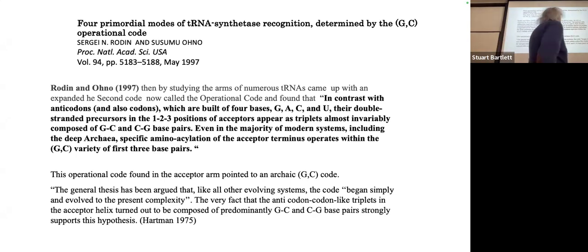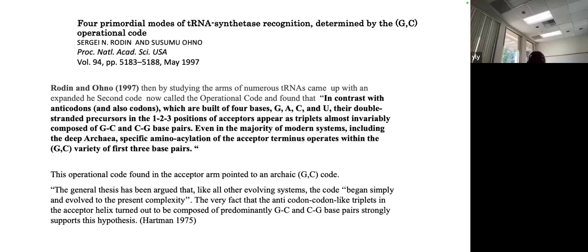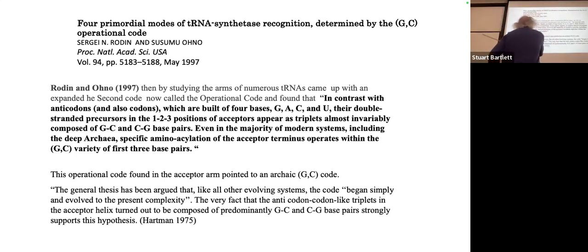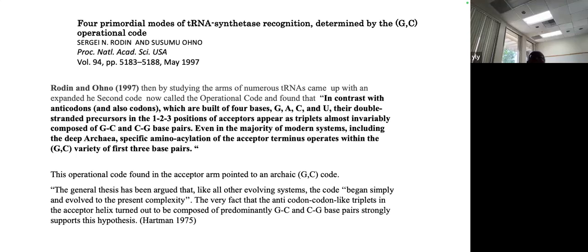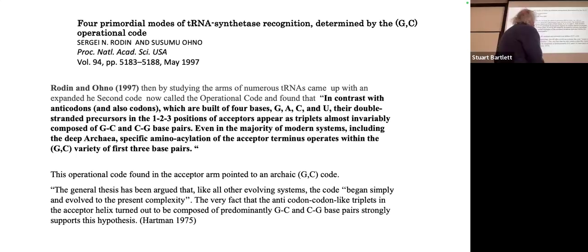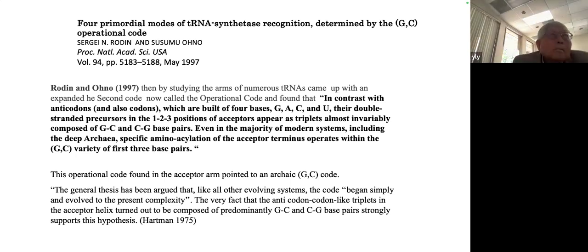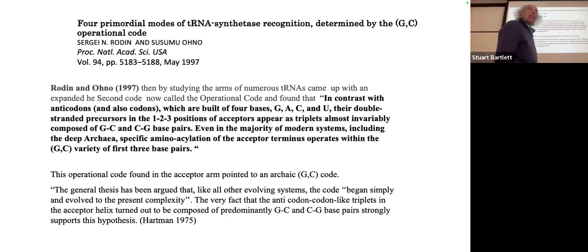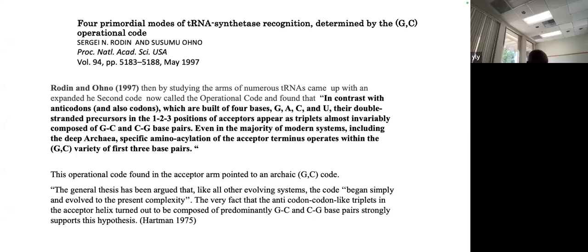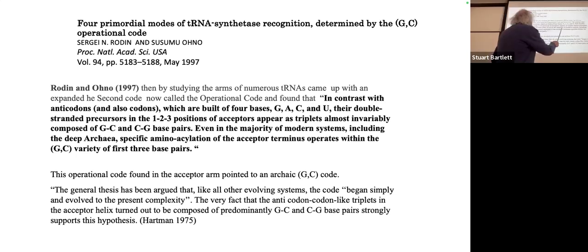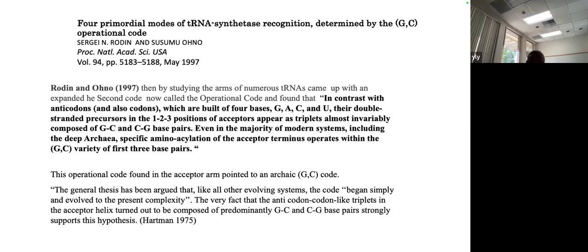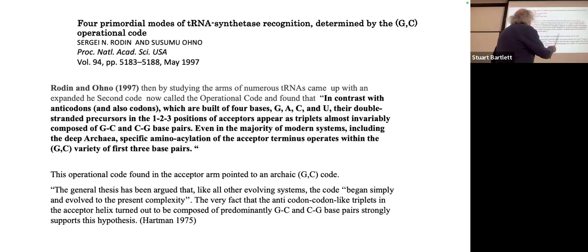But then, in this paper, "Four primordial modes of tRNA synthetase recognition determined by the GC operational code," Rodin and Ohno, by studying the arms of numerous tRNAs, came up with an expanded second code, now called the operational code, in contrast with anticodons and codons, which are built of four bases, G, A, C, and U. The double-stranded precursors in the 1, 2, 3 positions of the acceptors appear as triplets, almost invariably composed of GC and CG bases.